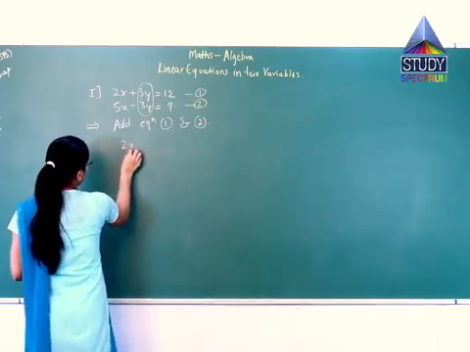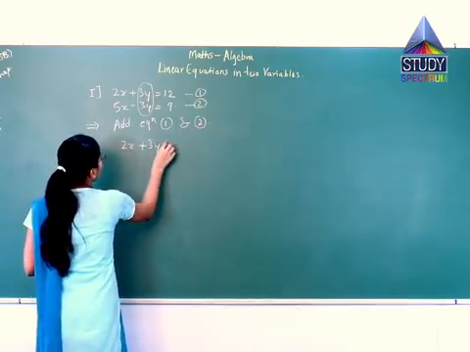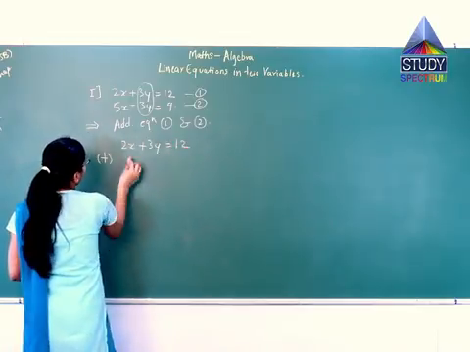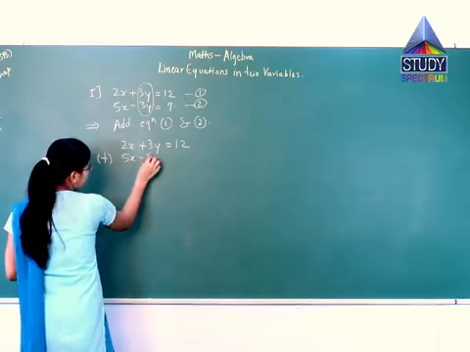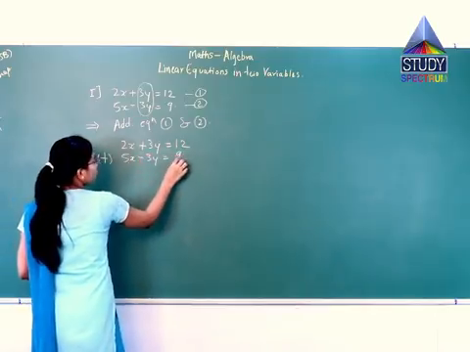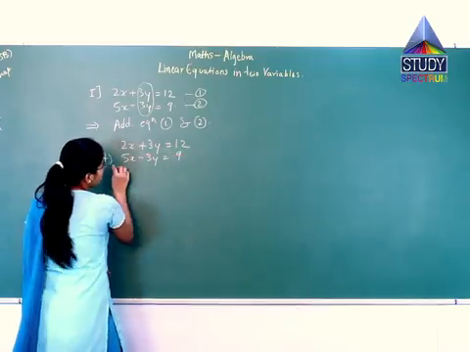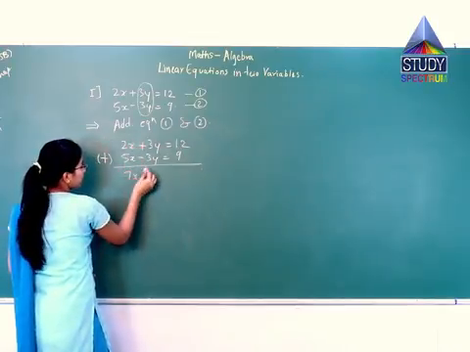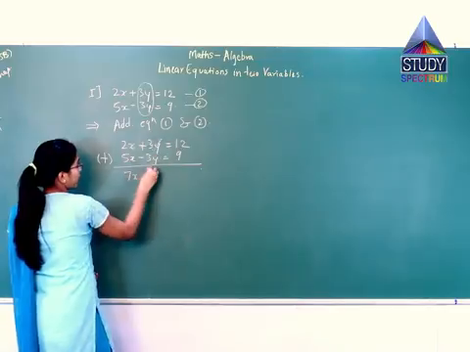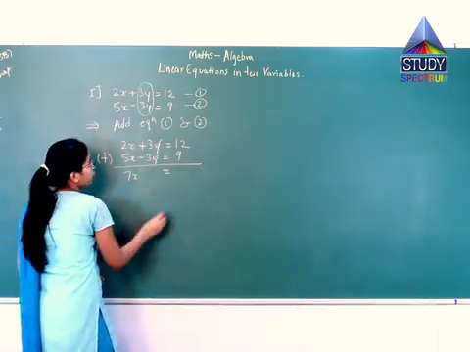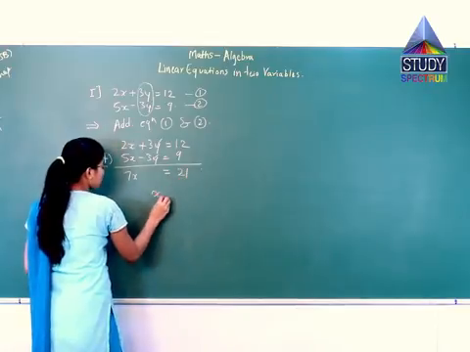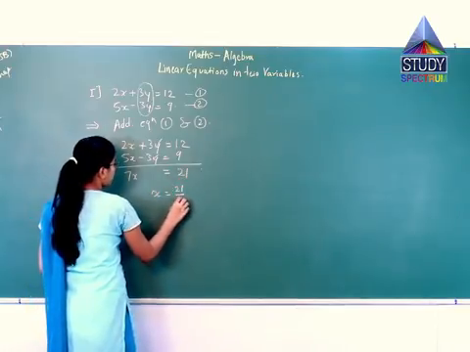You will get 2x plus 3y is equal to 12 plus 5x minus 3y is equal to 9. So you can see 2 plus 5, 7x, and plus 3y minus 3y get cancelled, and 12 plus 9 is 21. So x is equal to 21 upon 7.